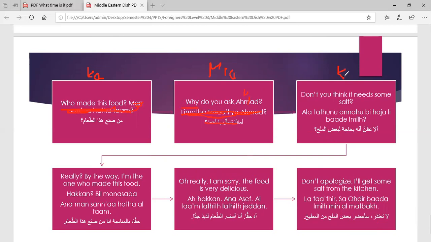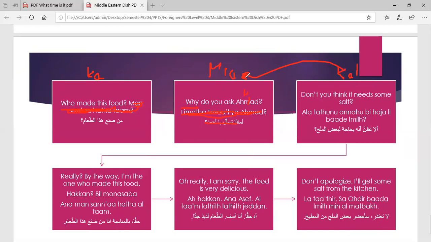Now Kalam says, you're going to say, you are asking, don't you think it needs some salt? So it's ألا تظن أنه, because like don't you think? Kalam is talking to Mia. Do you say تظن? So don't you think you need some salt? So ألا it's تظن, right? تظنين.